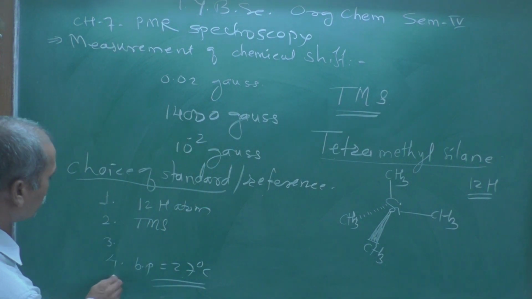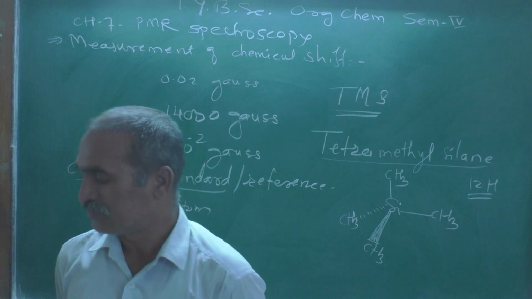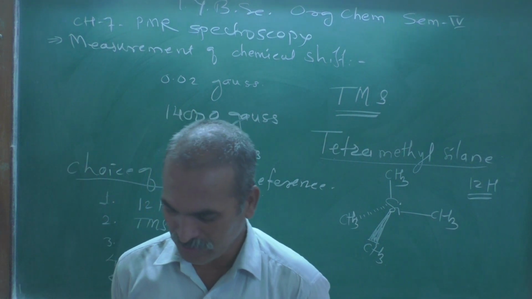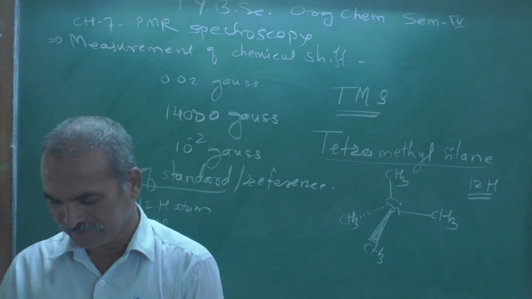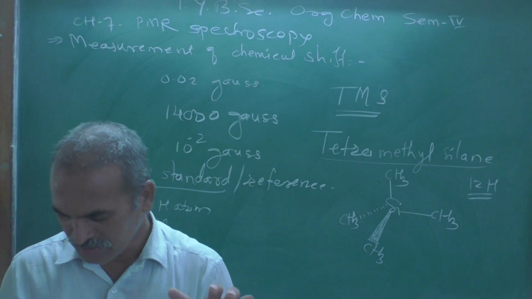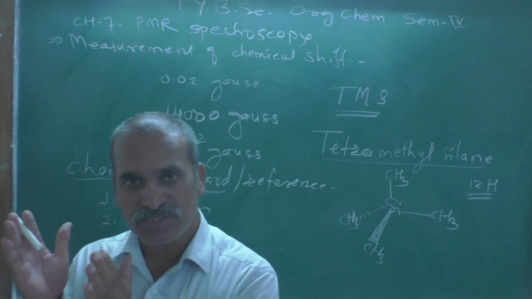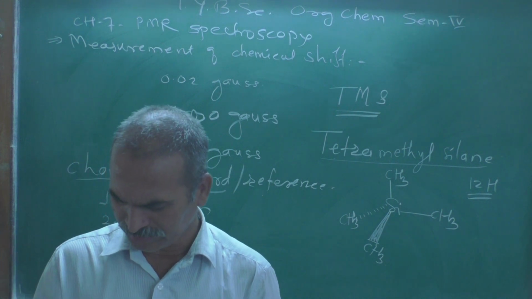Now the next point, the sixth point, a criteria for a good reference compound. It is used as an internal standard, that is, the sample solution and TMS, tetramethylsilane, are mixed together.